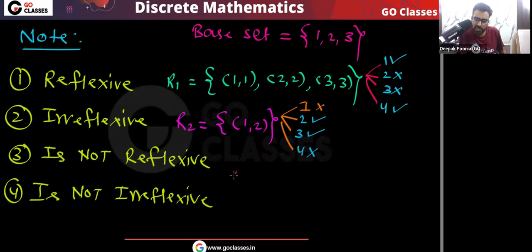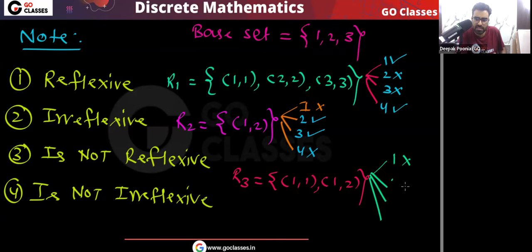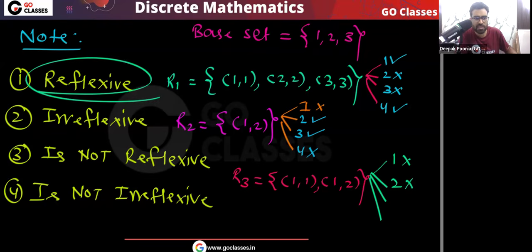Let me give you another example. Consider R3, that is 1 1, 1 2. Now notice, this relation does not satisfy property 1, and it does not satisfy property 2 either. It is not reflexive, it is not irreflexive. Reflexive means containing all the reflexive pairs.